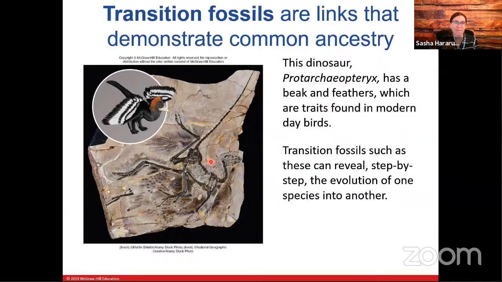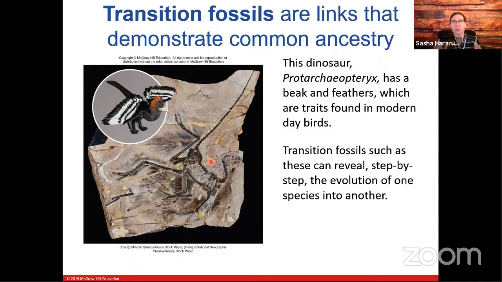The fossils were often dated, and the various fossilized organisms were compared with each other, specifically their anatomical features, because you couldn't do much more with the fossils.